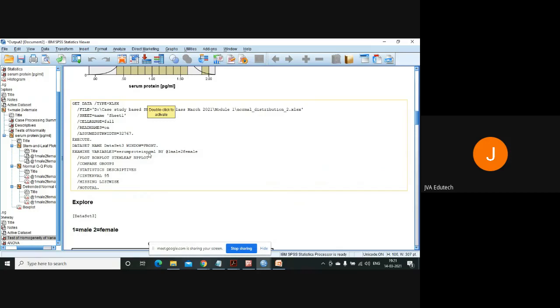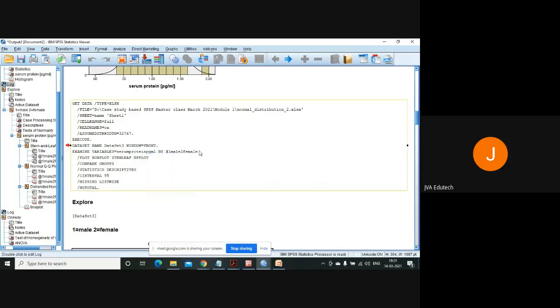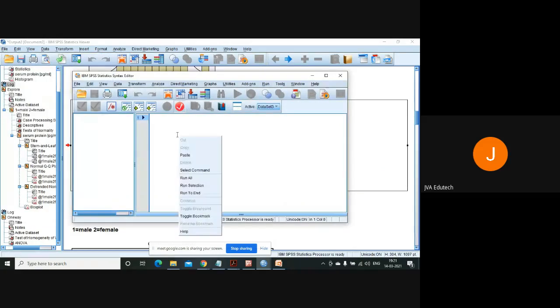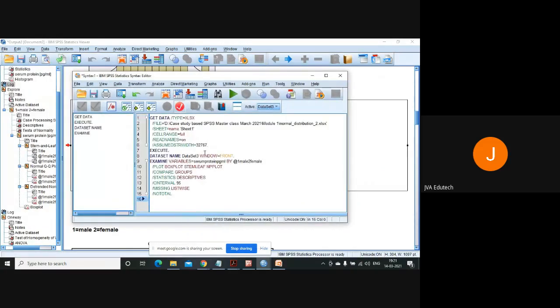So let's take this one. I'm copying this syntax. File, new, syntax. Now I am pasting this syntax. I wanted to run this normal distribution only on serum protein, so I want to remove the grouping between male and female.